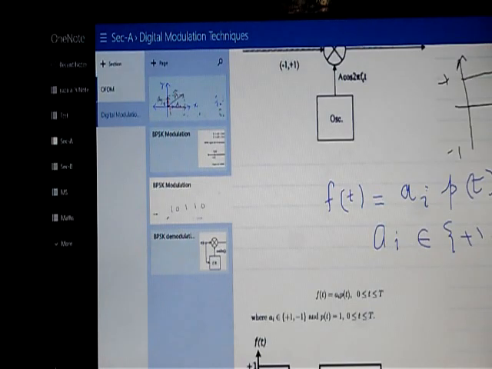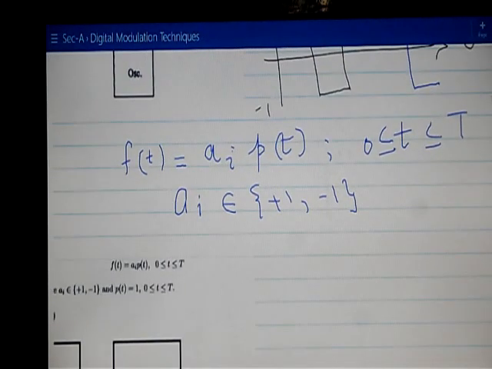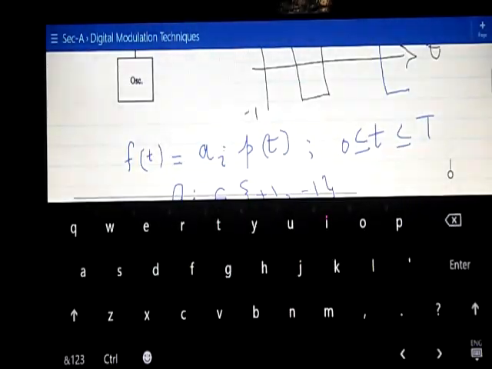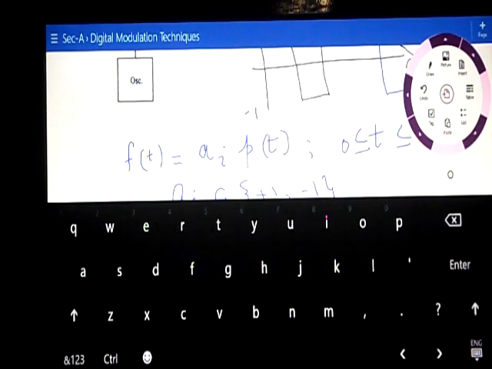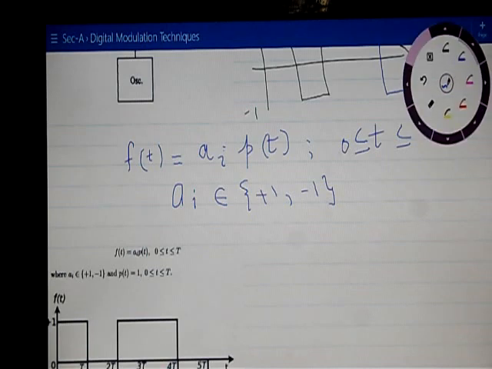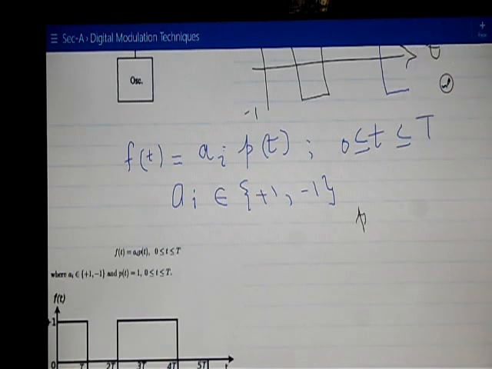Now if you observe it closely, your p of t is actually a pulse. Now what is p of t here? P of t is just a pulse. I'm just trying to explain this p of t, which you can draw in this form.